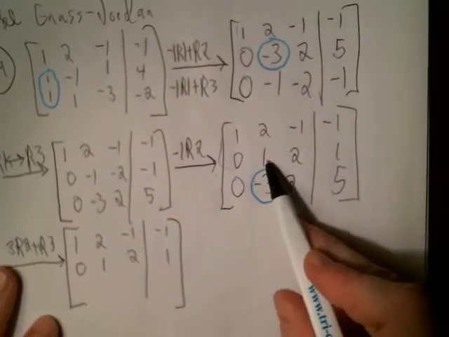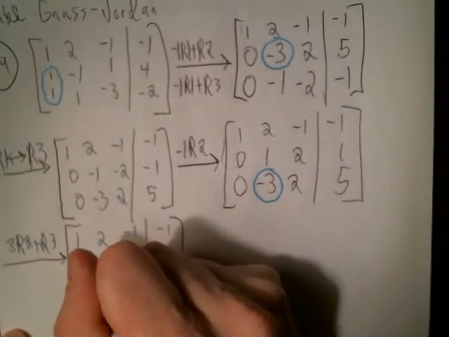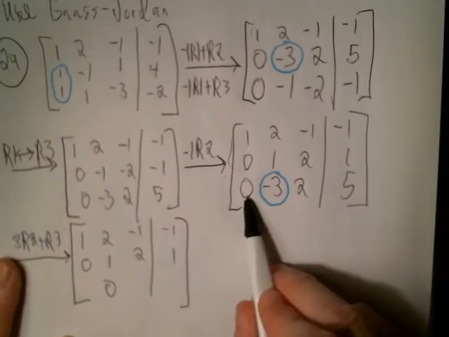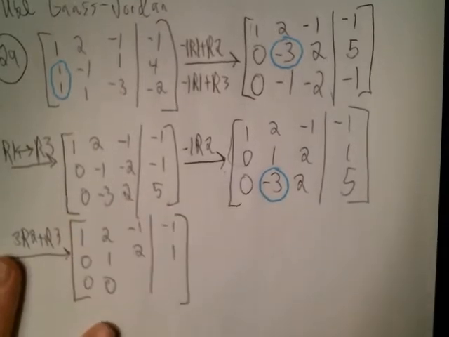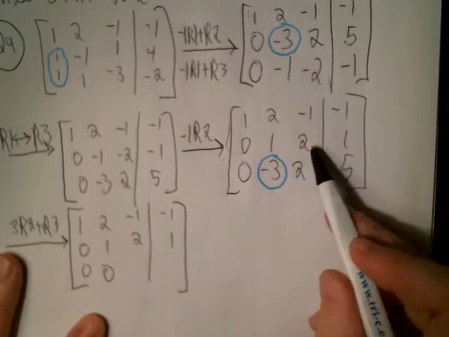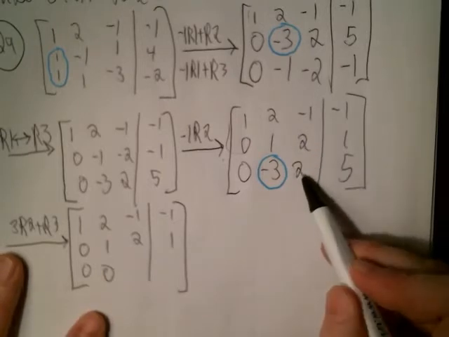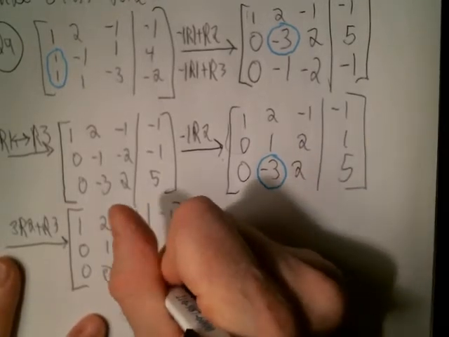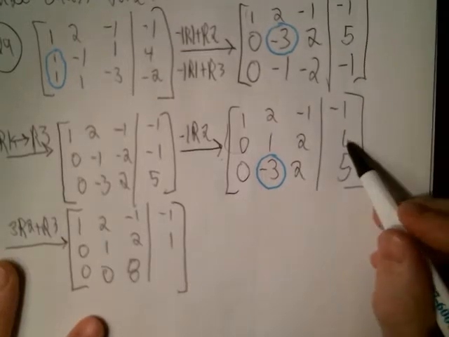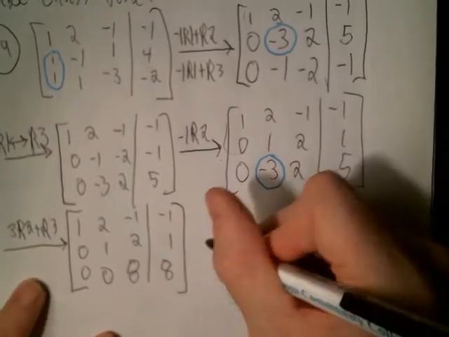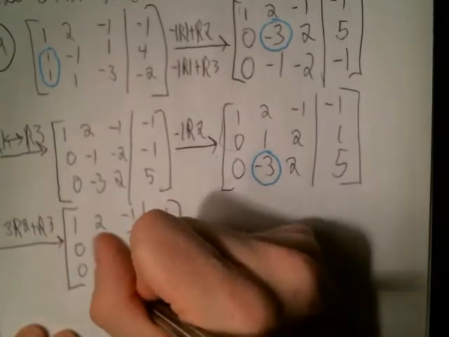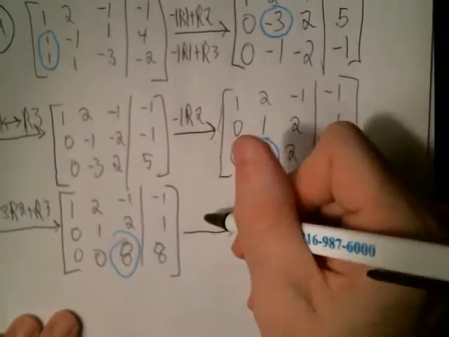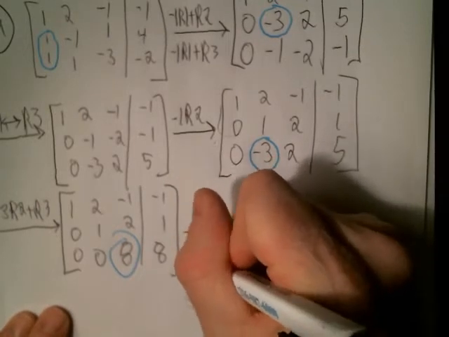So 3 times 1 is 3, plus -3 is 0. And of course, 3 times 0 is 0, plus 0 is 0 here. 3 times 2 is 6. 6 plus 2 is 8. And then 3 times 1 is 3, plus 5 is 8. And I now need a 1 in this position. So multiply row 3 by 1/8.